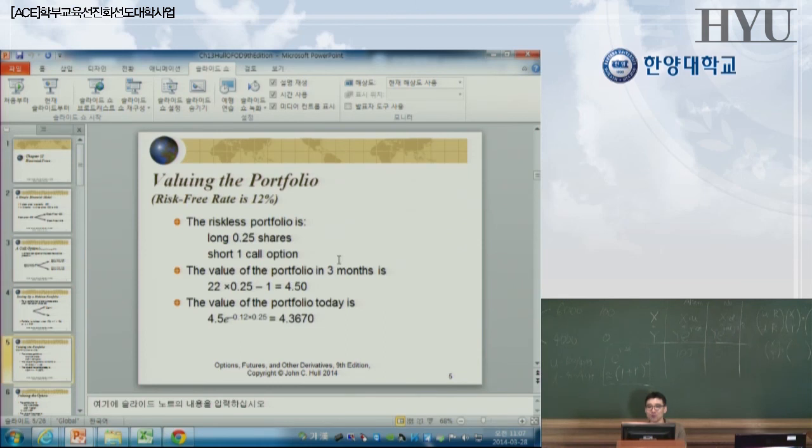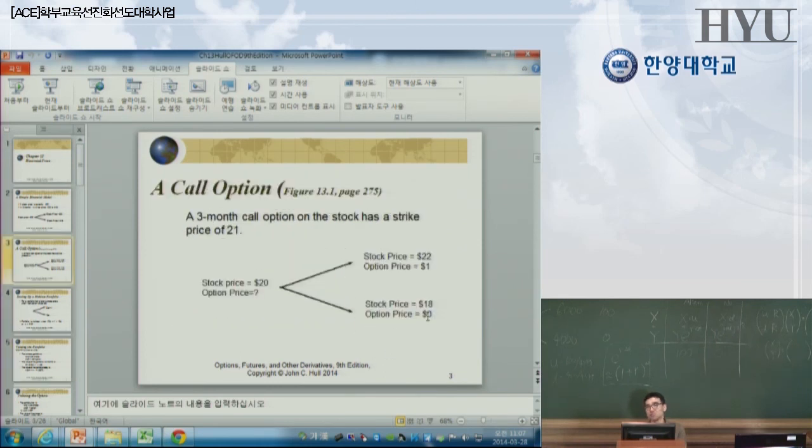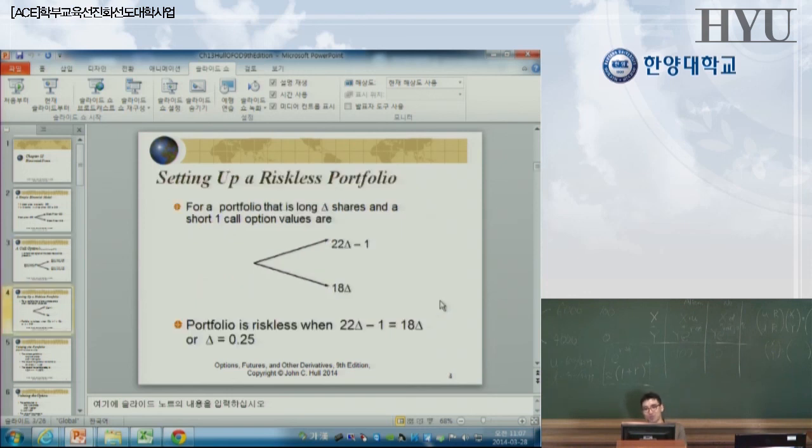And when the stock price goes down, even though I sold the option, I pay nothing, but my stock price is 18. I have delta shares, therefore the value of my position is 18 delta. So two scenarios, two portfolio values: 22 delta minus 1, and 18 delta.